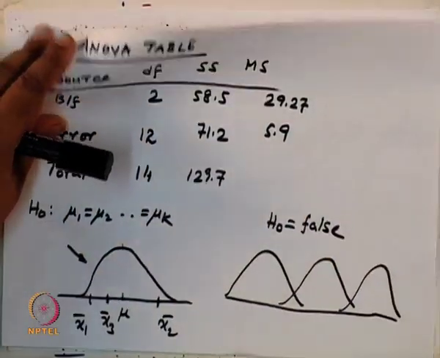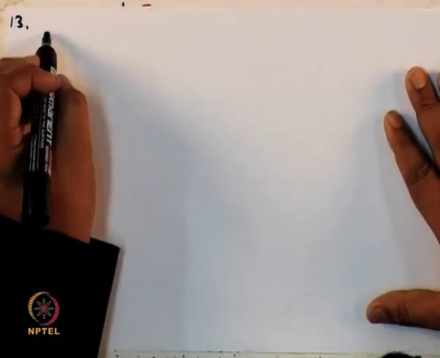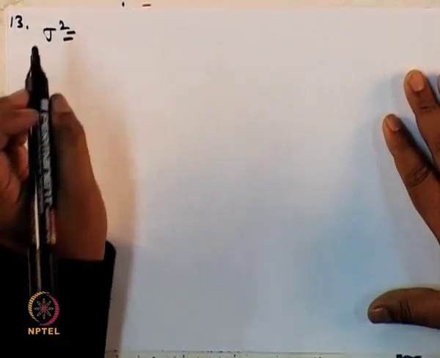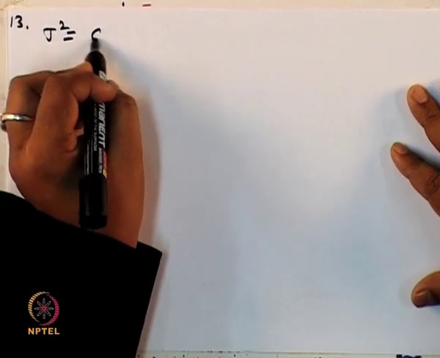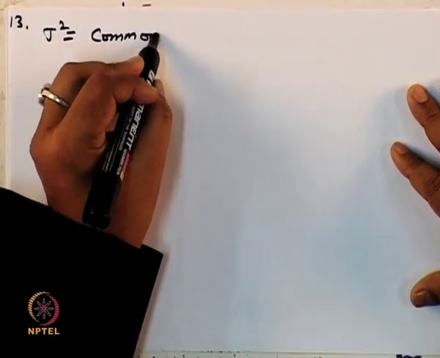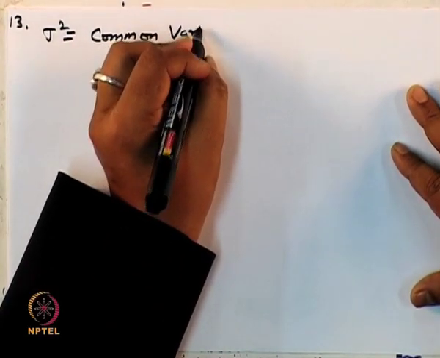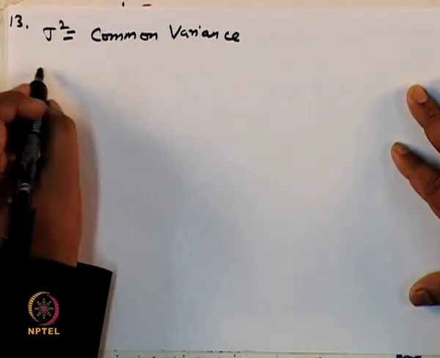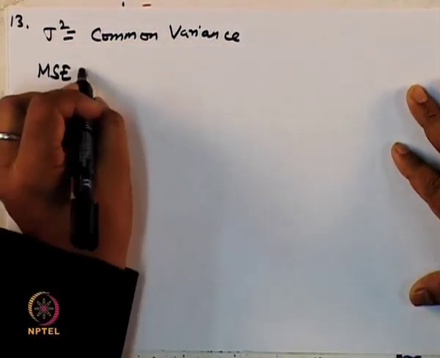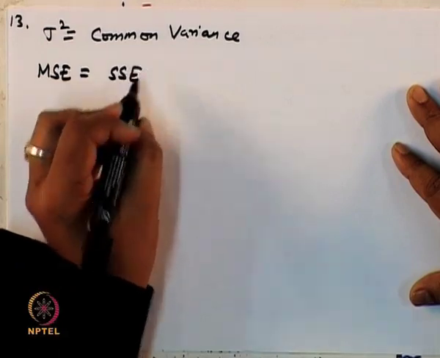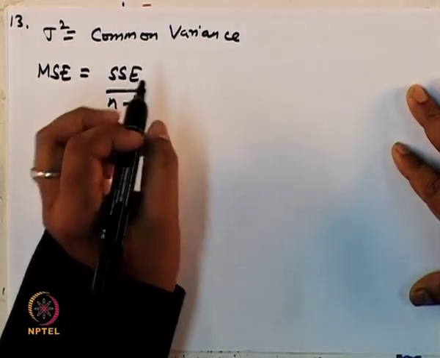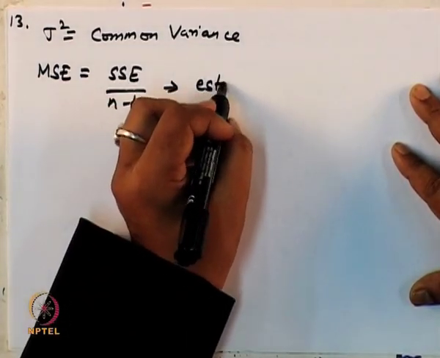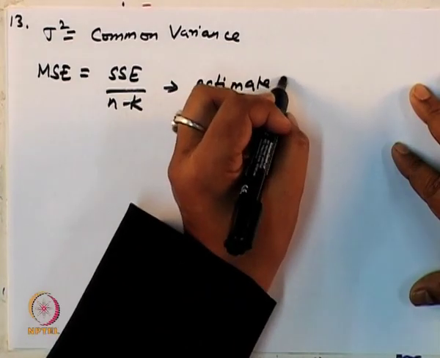Your assumption is that sigma square is the common variance for all k. So, your MSE, which is SSE by n minus k, is an estimate of sigma square.